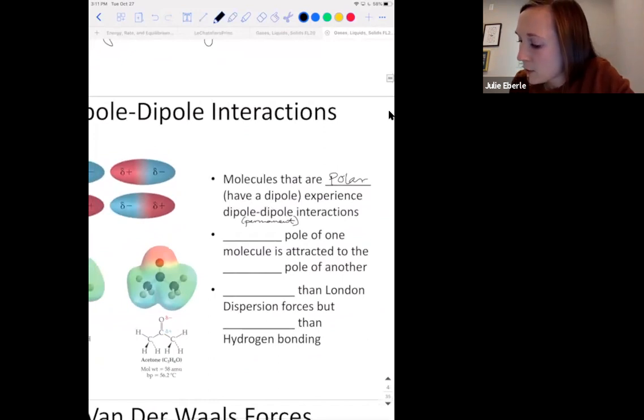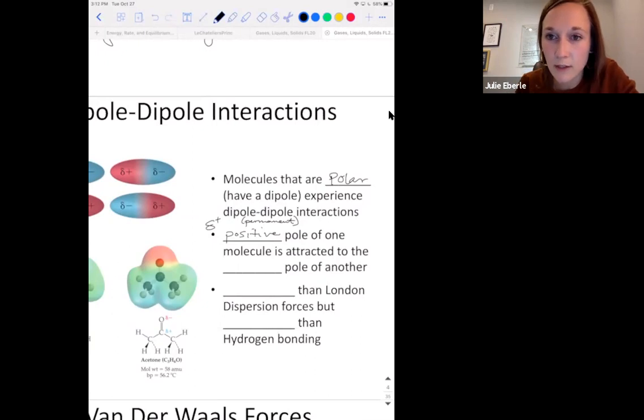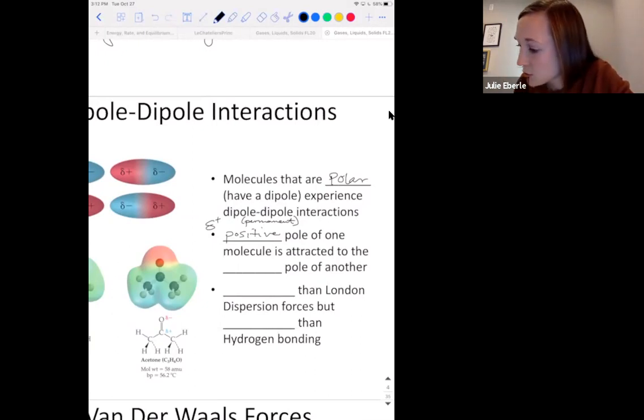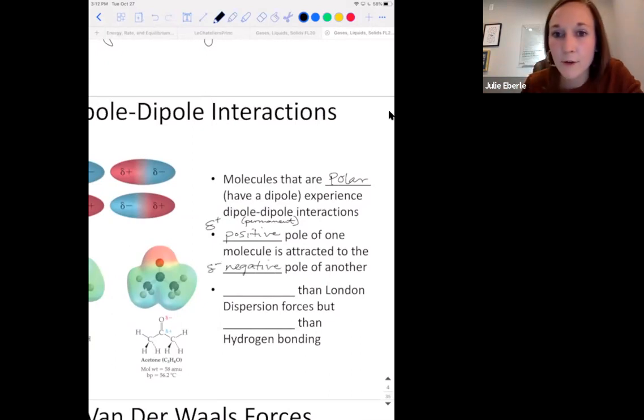In dipole-dipole interactions, the positive pole of one molecule, the semi-positive one, the little delta positive, is attracted to the negative pole of another.